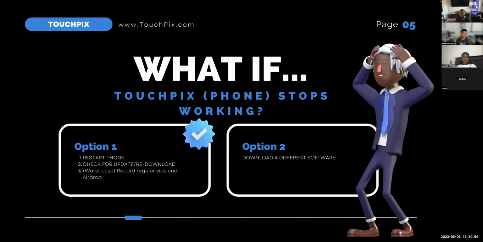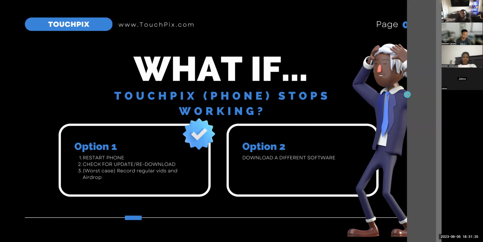Downloading a different software is not an option, unless you are extremely familiar with Snappic or another software and have no problem downloading it and keeping the show going. But I would imagine that's going to cost you at least 30 minutes of the event, which we will end up having to pay back. So let's avoid that. So far, TouchPix in the last year or two has been working great for us.